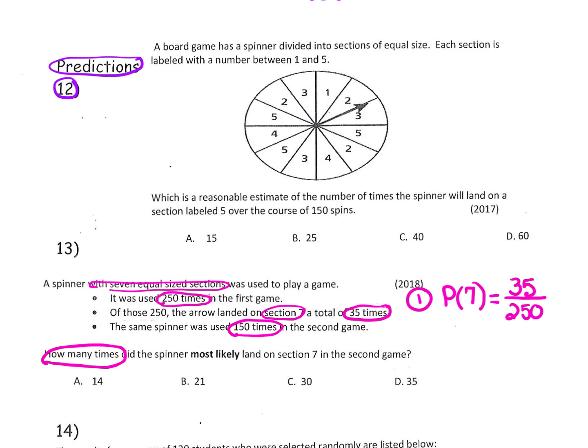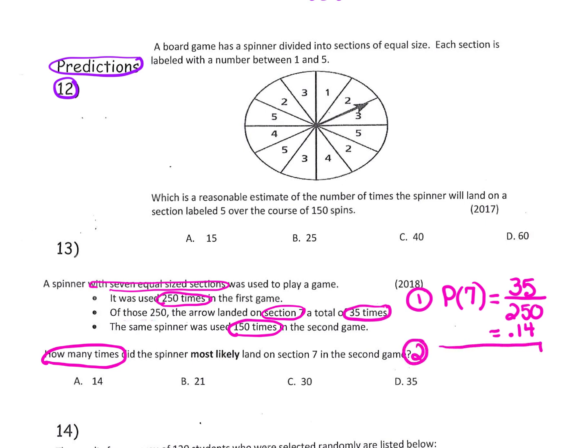Now grab your calculators and divide. Get a decimal rate. That's always so useful. We can see that it occurred 0.14, or as a percentage, 14% of the time. So the same should be true of the next game.